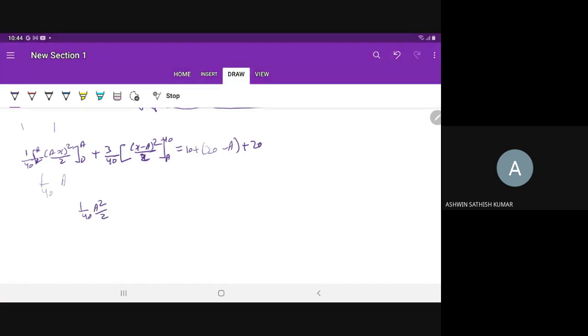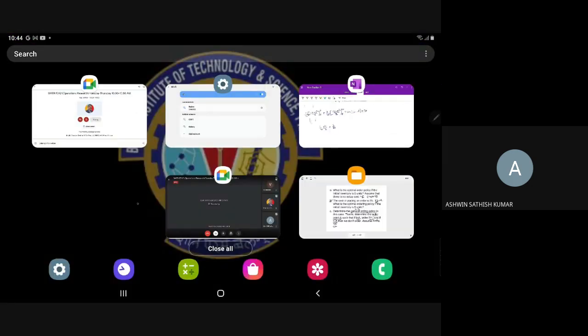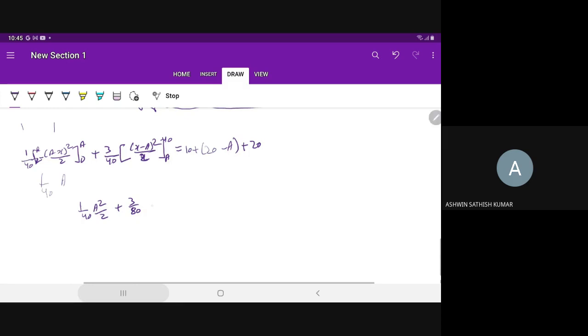Plus 3 upon 80, and from here you will get 3 upon 80 into (40 minus A) whole square, and from here you will get 10 and 10 and 20, 30, 30 plus 20, 50, so here we have 50 minus A.